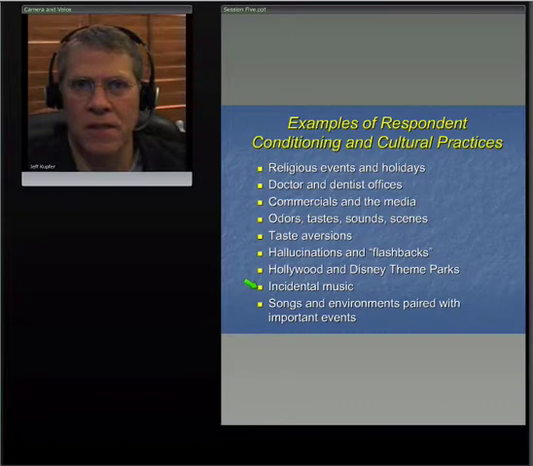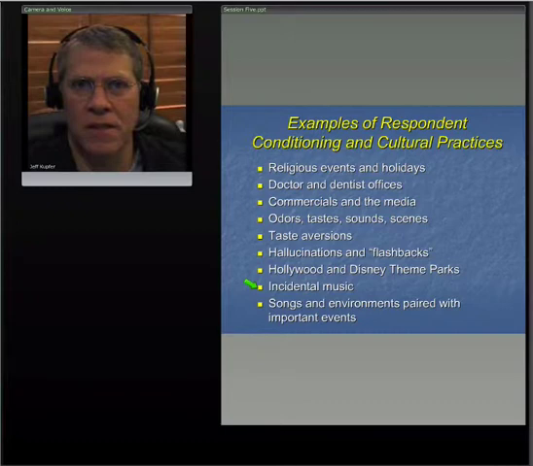Because those violins in that unique set of circumstances evoke that fear response of a person getting stabbed in a shower, it now has a place in our culture. Whenever you're going to see anything that might be kind of scary, even if it's a parody of something scary, they automatically put in those violins to prepare you for either something that's going to be scary, or you get the joke that this should be really scary, and all of a sudden it's not really that scary. That's the joke.